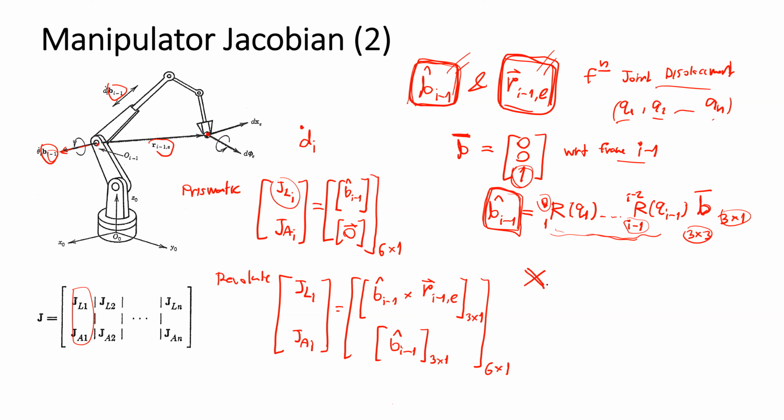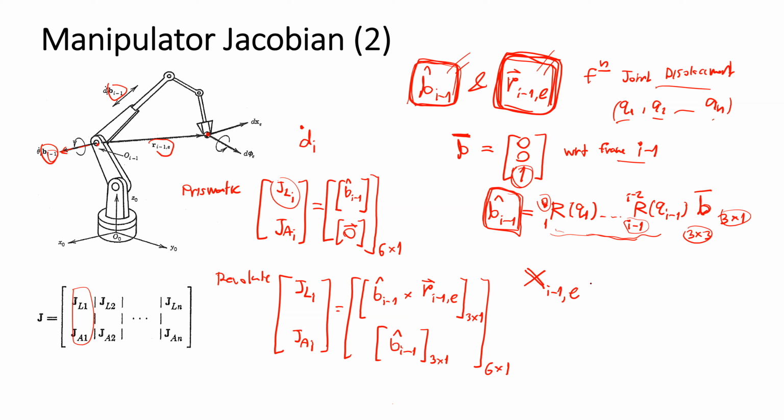And yeah, we want to obtain the relative position vector, but we obtain it from the 4x4 matrix that shows the relative position between the endpoint with respect to the frame I-1 origin.